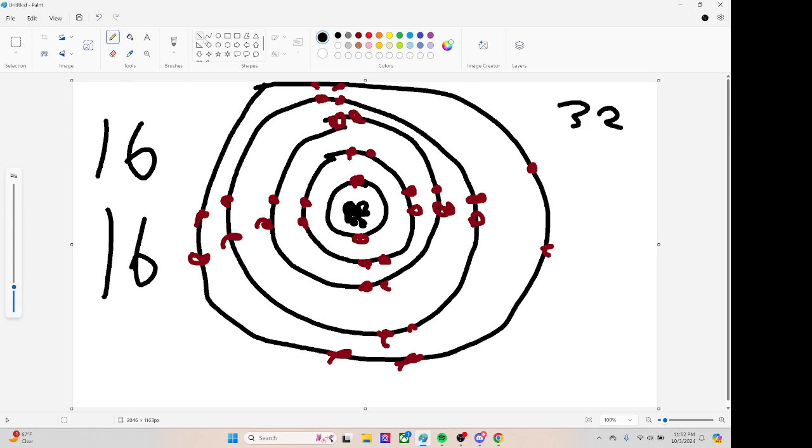So we take an eraser. 10 plus 6 is 16. Okay, that's enough. So we notice how here we don't have a complete set, right?